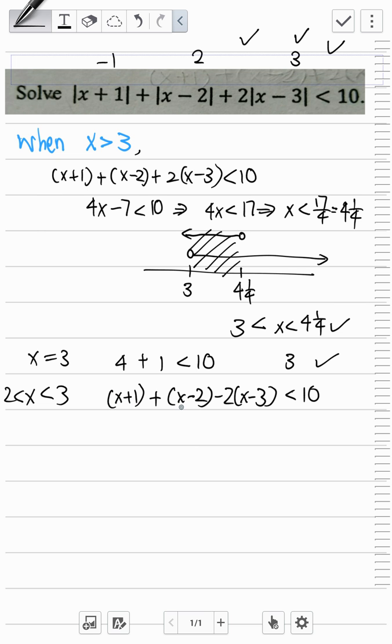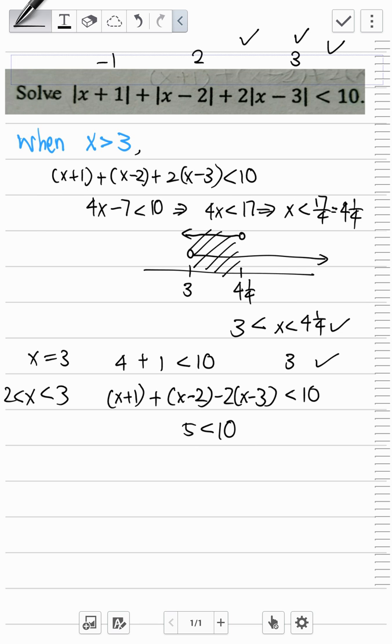So x plus x is 2x, 2x minus 2 times x is 0. So I no longer have an x, correct? 1 minus 2 is minus 1, minus 1 plus 6, so 2 minus 2 times minus 1 plus 6 is 5. Double check, 1 minus 1 plus 6 is 5. 5 is smaller than 10.